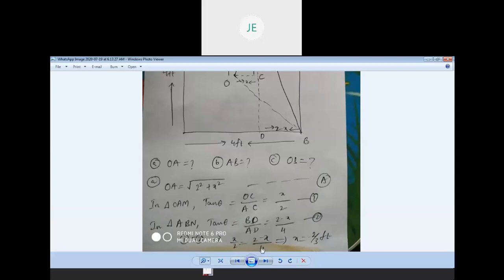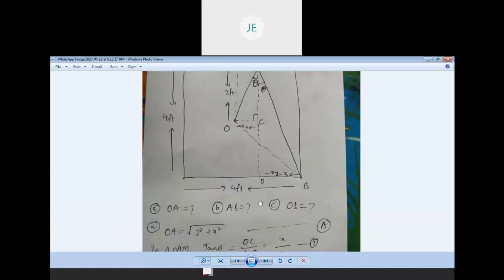So x by 2 is equal to 2 minus x by 4. If you simplify this, you will get x as 2 by 3. Substitute that x here to get the answer for OA.